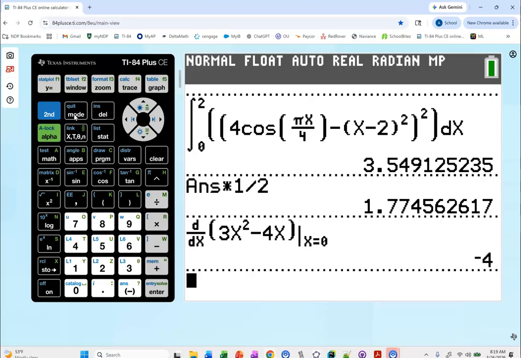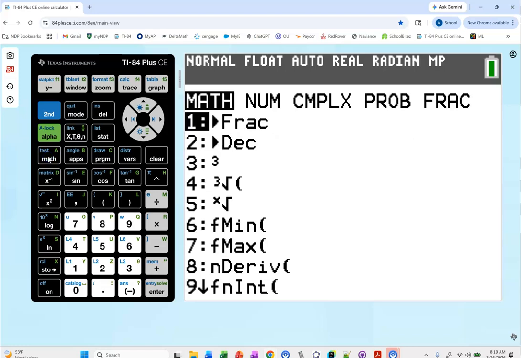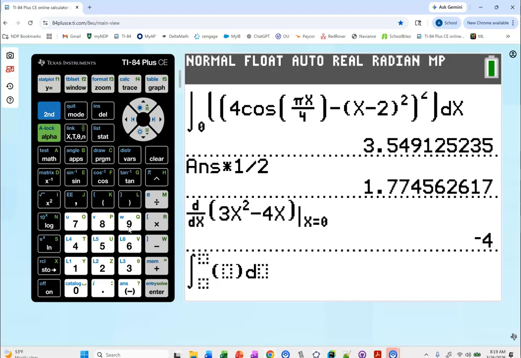So just like we can do a derivative at a point on our calculator, we can do a definite integral. To do that, I'm going to start by pressing the math button, and then I want command 9 that says fnint, which stands for function integration.